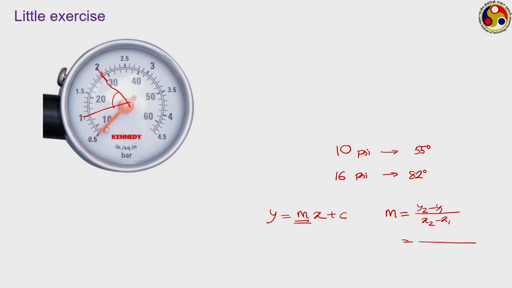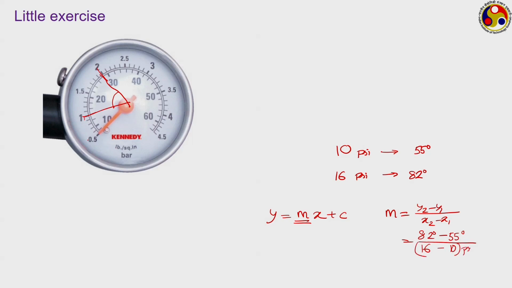So for this particular device, your input, that is x, is the pressure value, and output is the angle of deflection of this indicator. If we put these values here, y2 refers to 82 degrees and y1 refers to the initial angle, that is 55 degrees. x2 is the second pressure value, which is 16 psi, and x1 is 10 psi.